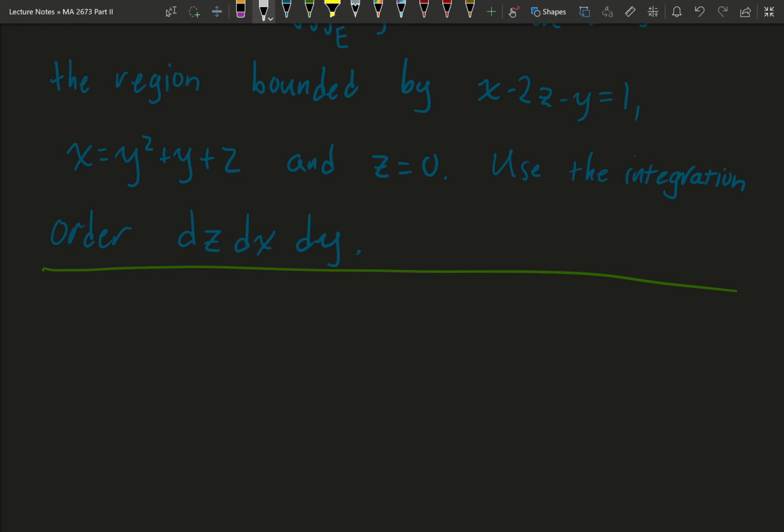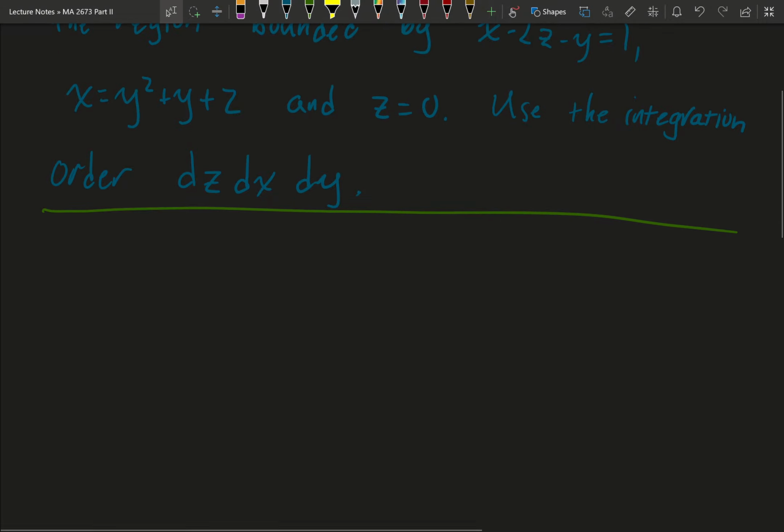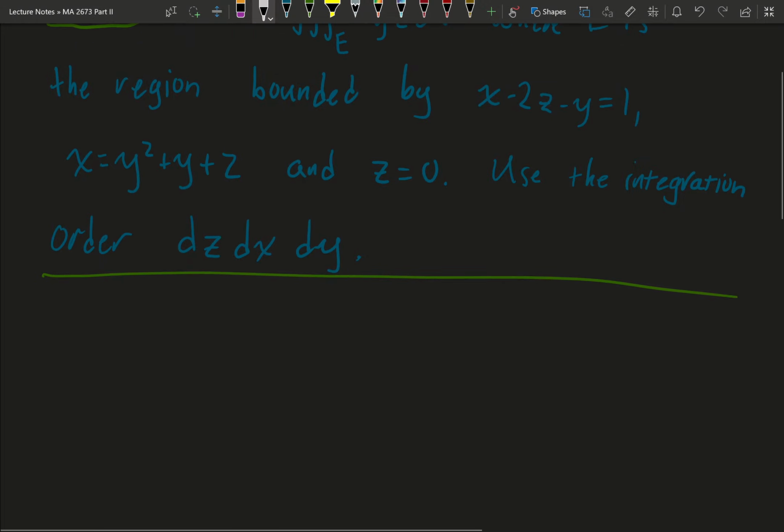Okay, so we're going to use the dz, dx, dy integration order. Really, the thing that forces us to have two integration orders is dz. So what we want to do in this case is first take all of these bounding surface equations and solve them for z.